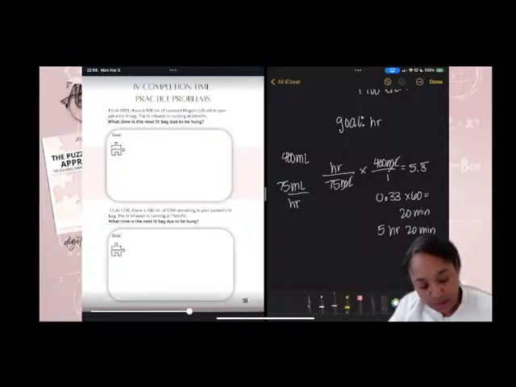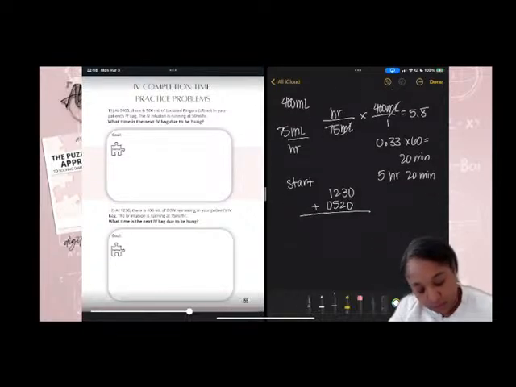So we start at what time? 12:30. Okay. And then we add 5 hours and 20 minutes. Remember, the right side is the minutes, left side is the hours. That's 50. This is 17, 1750.